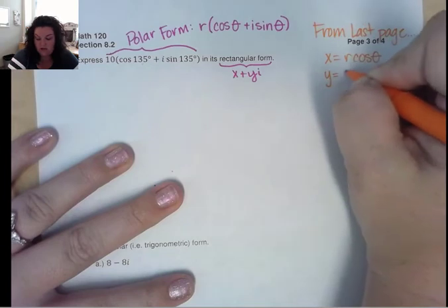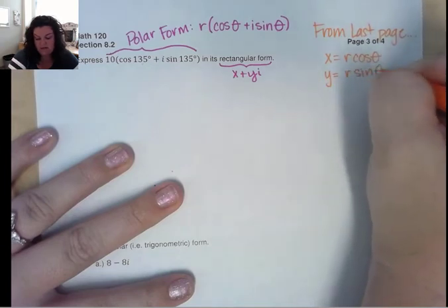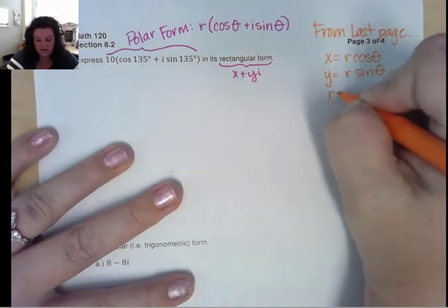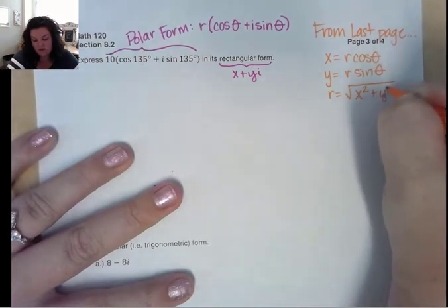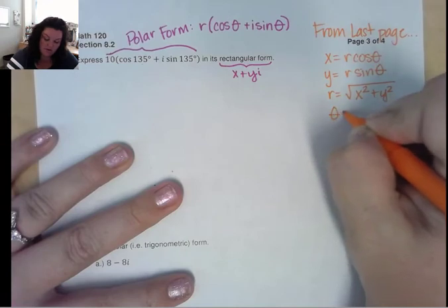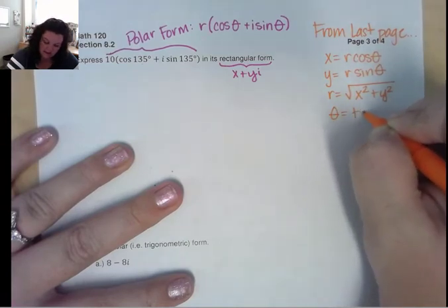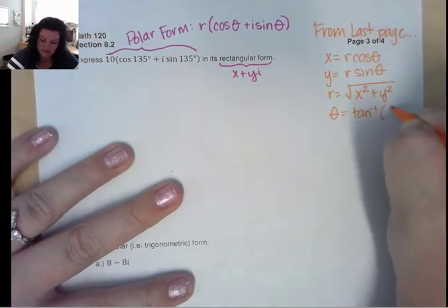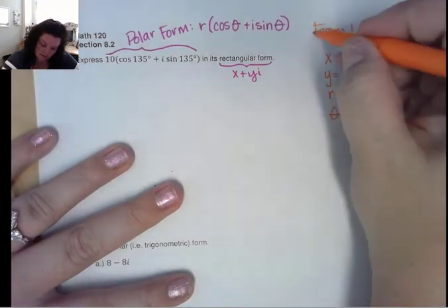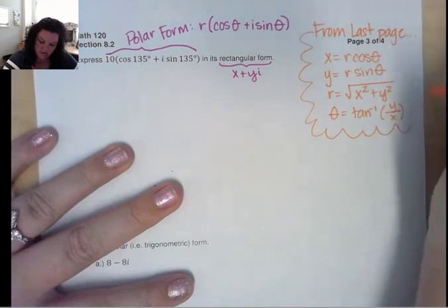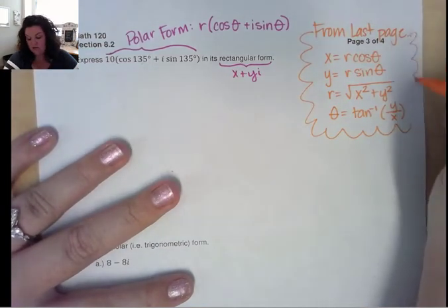We know that y is equal to r sine theta. We can find r by taking the square root of x squared plus y squared. And we can find theta by taking the tangent inverse of y over x. Okay, so this is all what we learned on the last page.